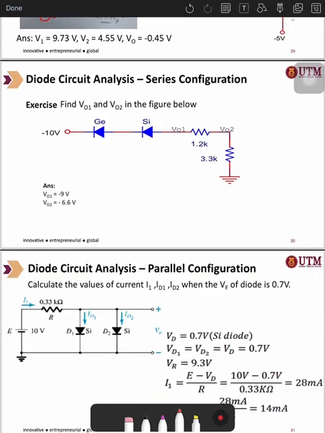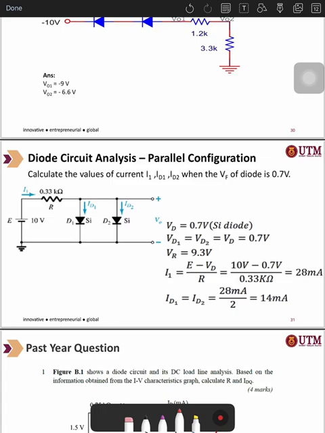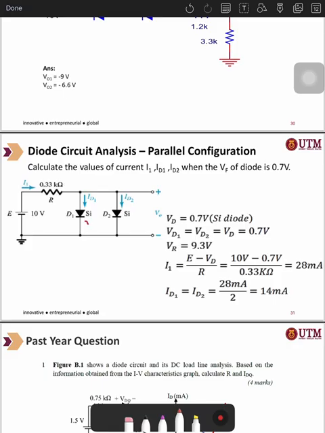Now, this is an example of diode circuit analysis for the parallel configuration. For the parallel configuration, you can see that the silicon diodes are connected in parallel. Since it is in forward bias, you can just solve as usual. You know that the VD is 0.7 because it is a silicon diode.